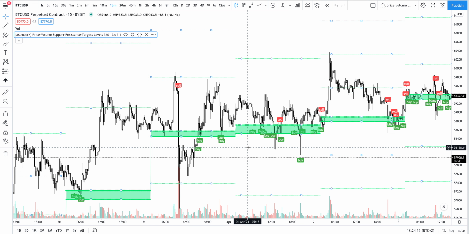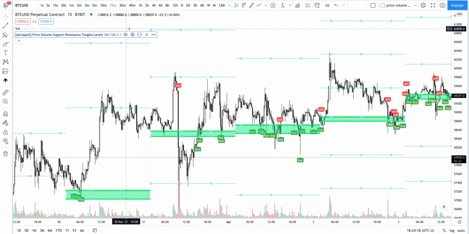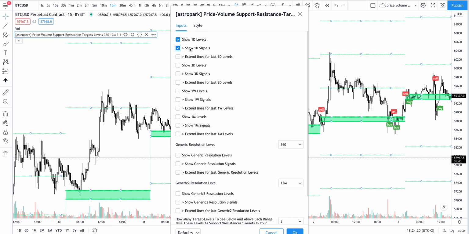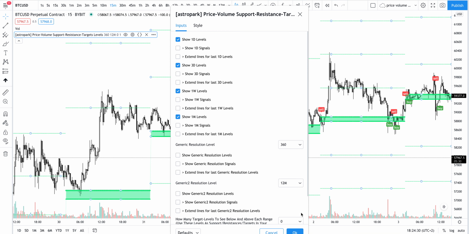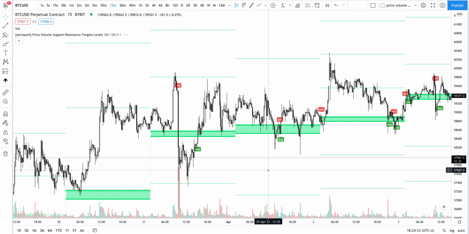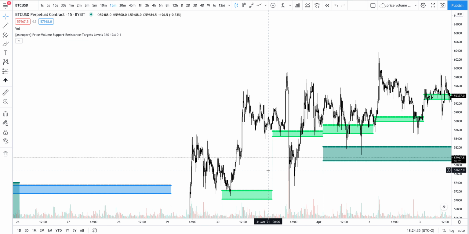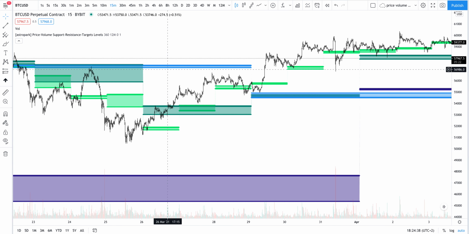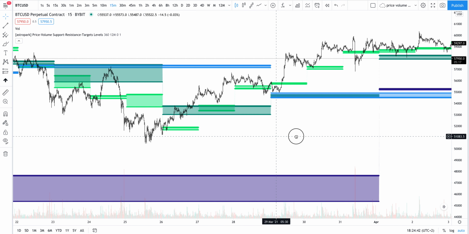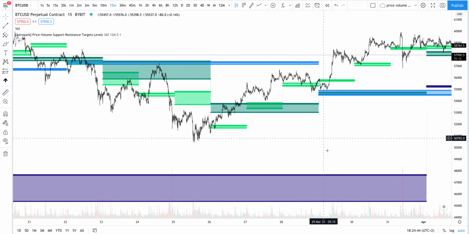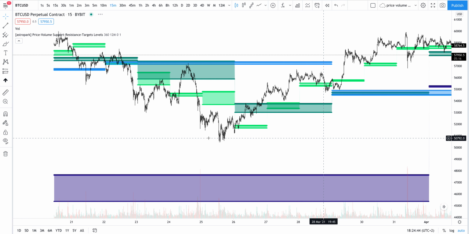But let me explain something else that you can get with these indicators. So let's enable only the zones, because the zones themselves tell you a lot about the trend in which you are. So let's remove this. Now we can keep the 1 day. Okay, so just focus on the light green one.